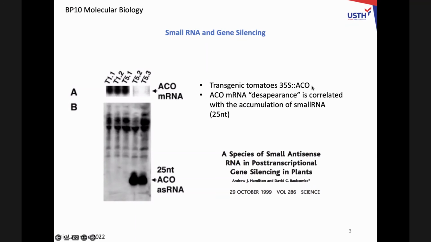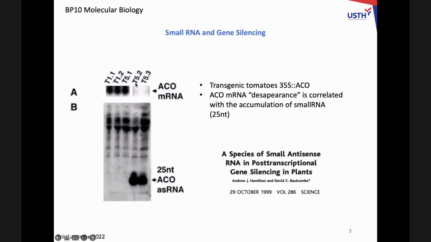Because they were overexpressing this gene, they were supposed to find a very high level of the mRNA. Actually, this is what they found in 3 of the 5 lines. You see, T1.1 contains a lot of RNA coding for ACO. That makes sense. T1.2 the same, and 5.1 the same.